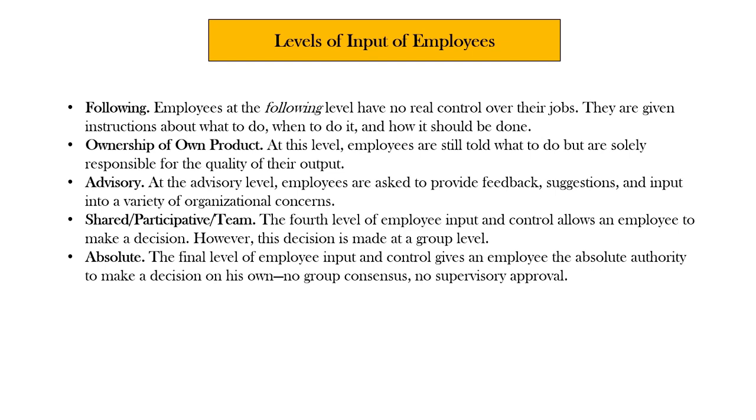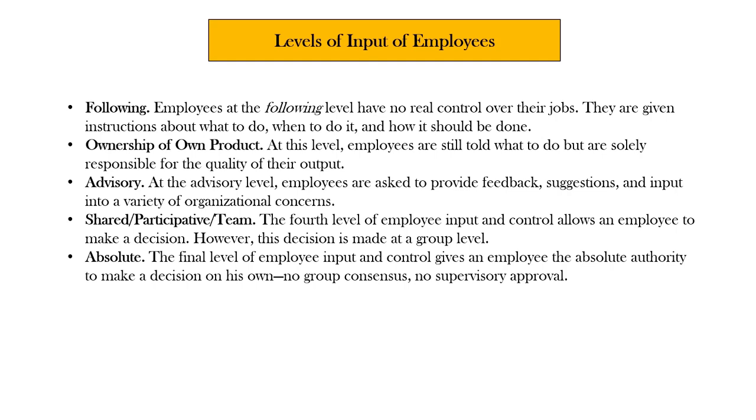For advisory, on the other hand, employees are asked to provide feedback, suggestions, and inputs into a variety of organizational concerns. For shared or participative or team, it allows an employee to make a decision. However, this decision is made at a group level. For the absolute, employee input and control gives an employee the absolute authority to make a decision on his own. There is no group consensus and no supervisory approval.